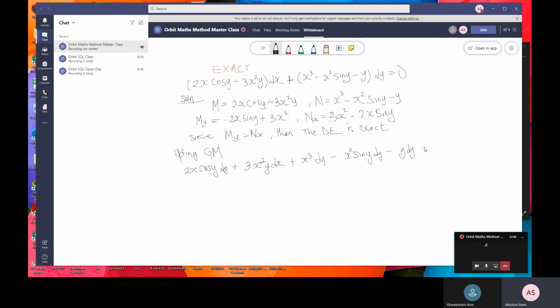Let me just put equals to c, since I'm going to be adding integral to both sides. So equals to c.